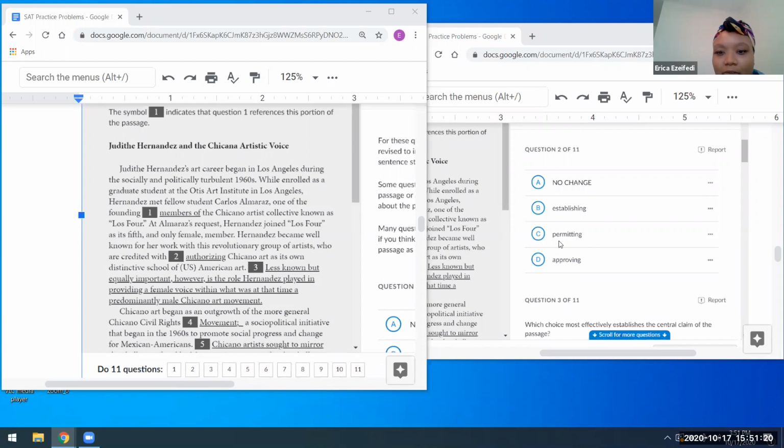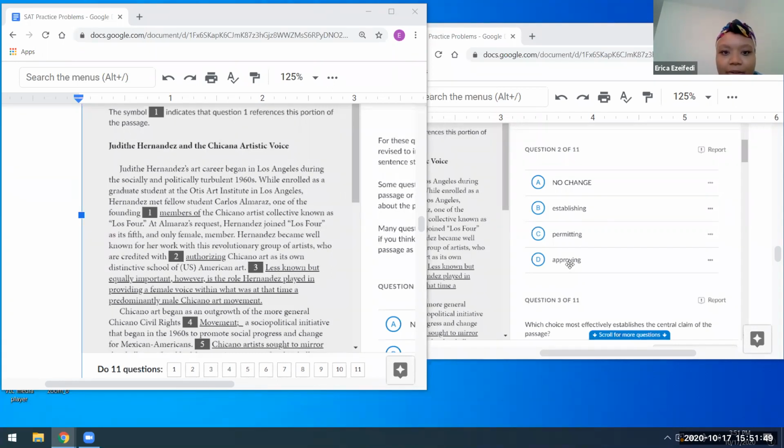Permitting refers to permission. So if we say who are credited with permitting Chicano art, that implies that someone else was trying to have Chicano art as its own distinctive school of American art, and this group of artists permitted them to do that. So that doesn't really make sense.